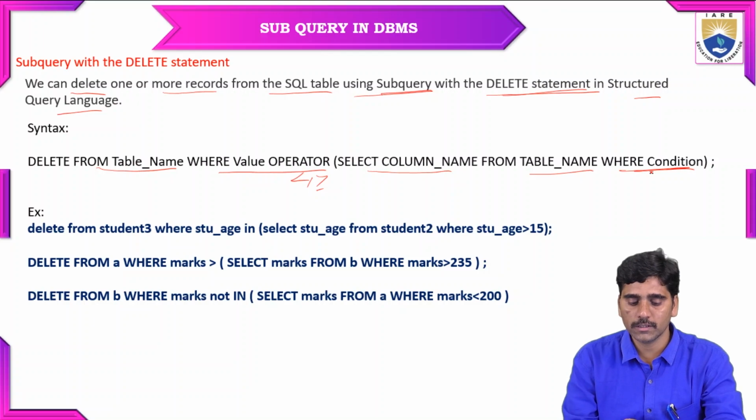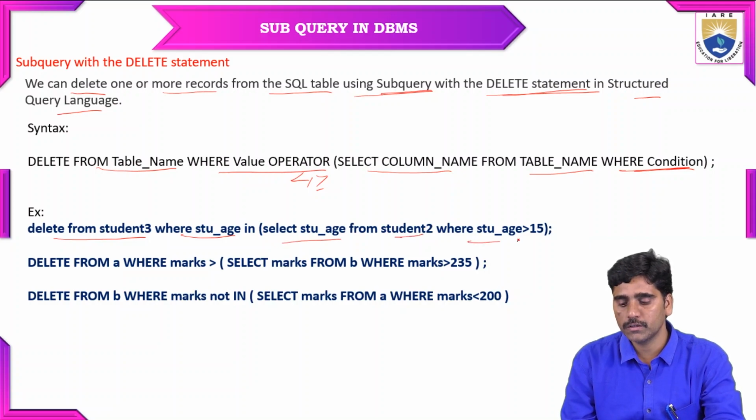So take an example: delete from student 3, where student age in select student age from student 2, where student age greater than 15. In the same example, take the student 2 table, which contains student ID and student age.